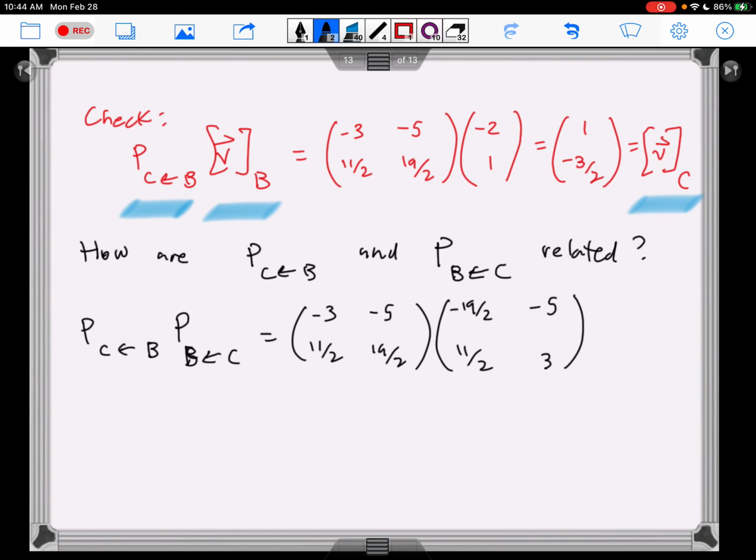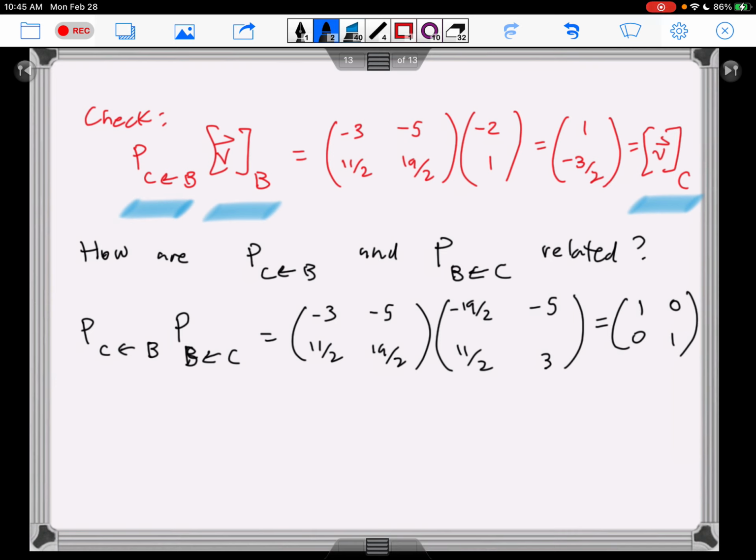If you multiply these two guys together, what do you get? You actually get the identity. Very, very cool, right? What does this tell us?